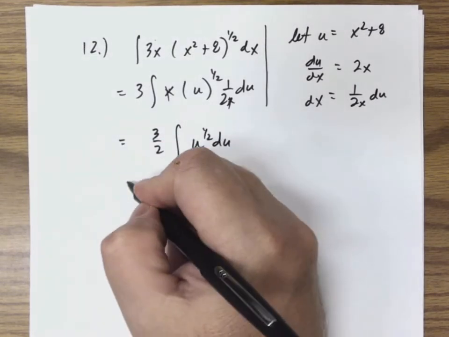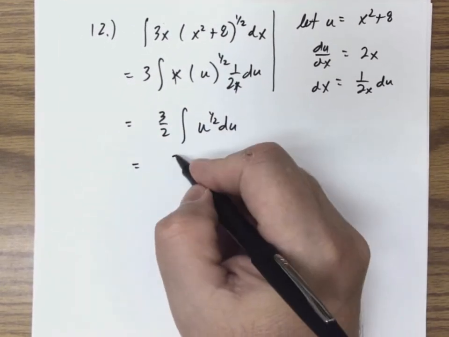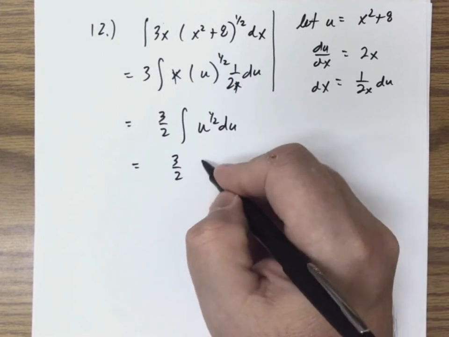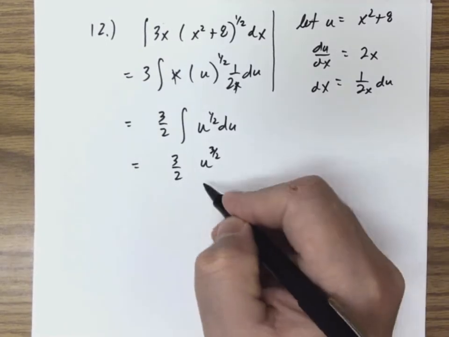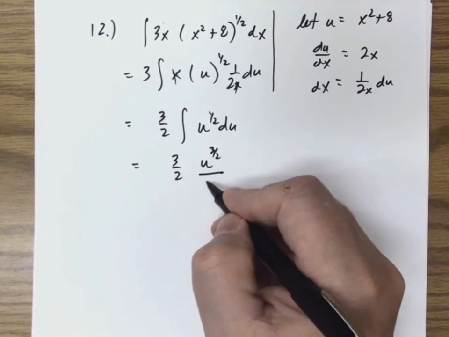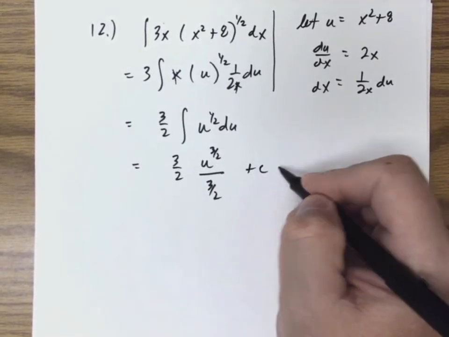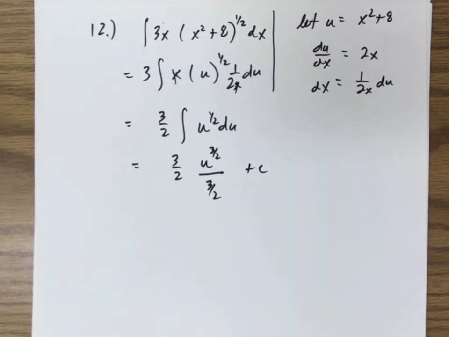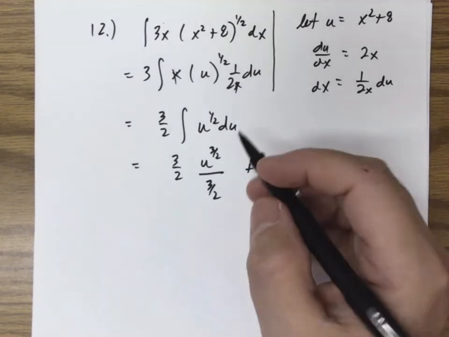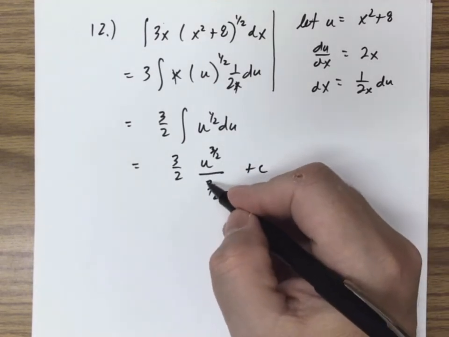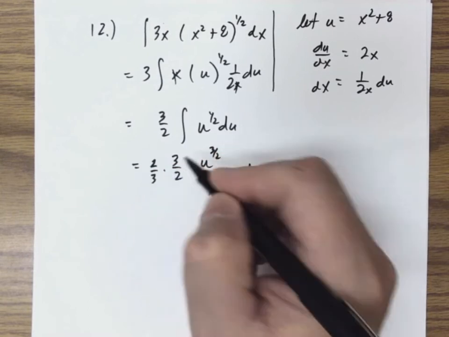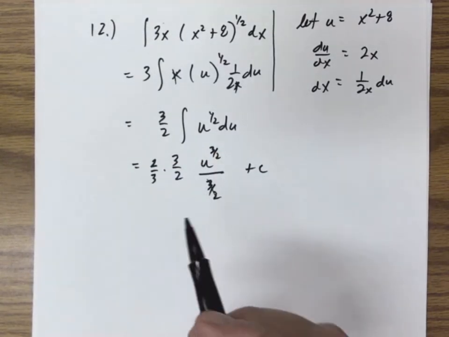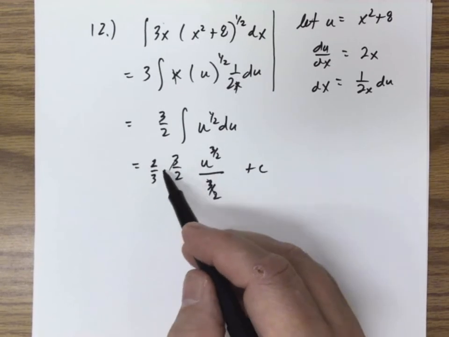Now this is a power rule. I can integrate this. Remember, add 1, so 1/2 plus 1 is 3/2, and then divide by the new exponent. Of course, now I need to simplify this complex fraction, and our little shortcut is, you've got a fraction here, you can multiply the top by that reciprocal. And this is sort of nice, 2/3 times 3/2.